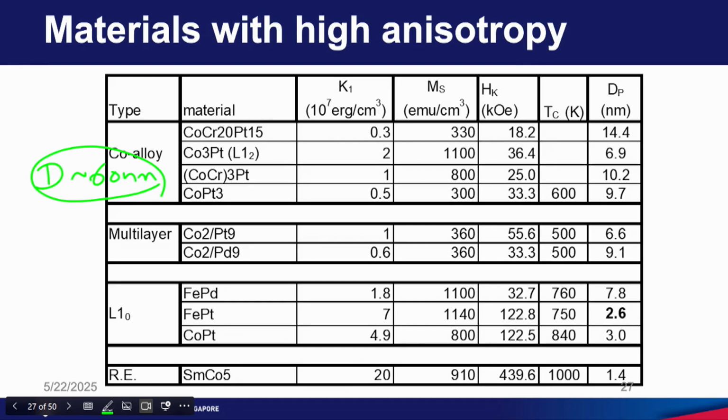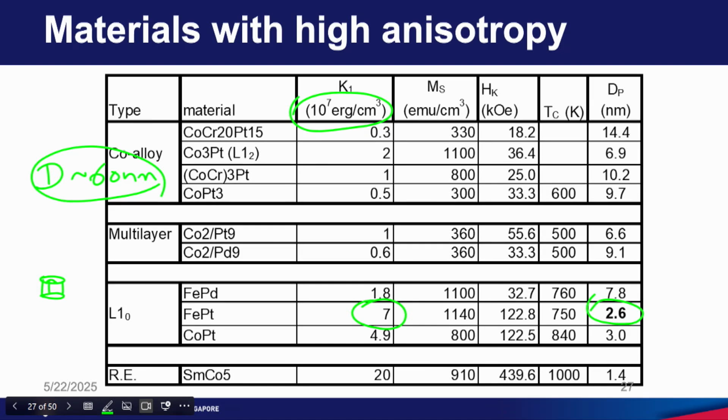For example, you take iron platinum, it has the value of 7 times 10 power 7 per cubic centimeter. So if you take a cube of small diameter of iron platinum, for diameter as small as 2.6 nanometer, you can make the magnetization of this iron platinum thermally stable.